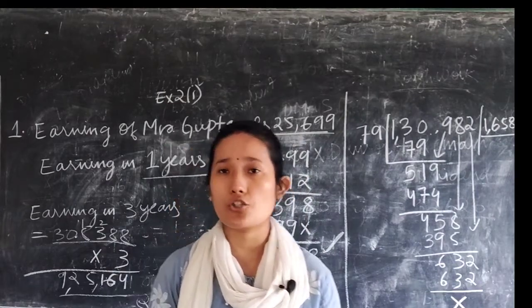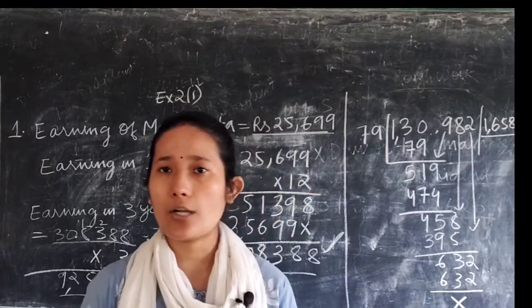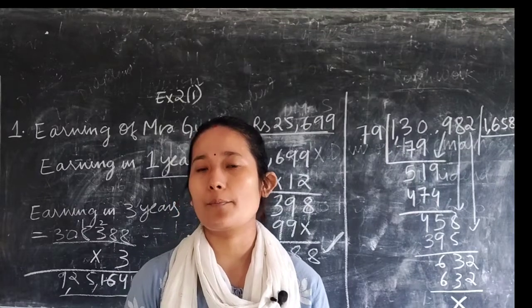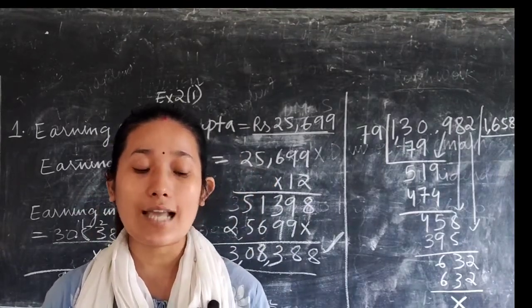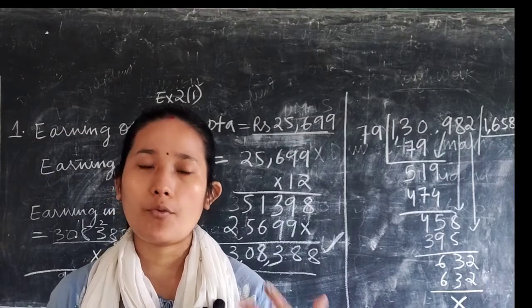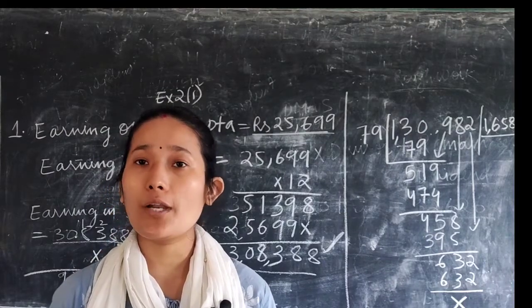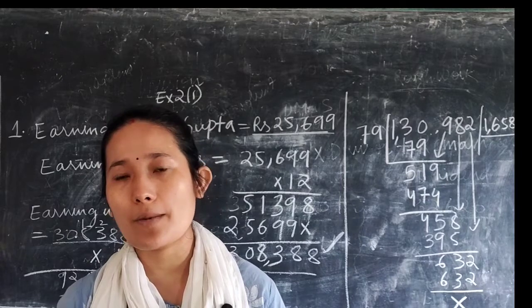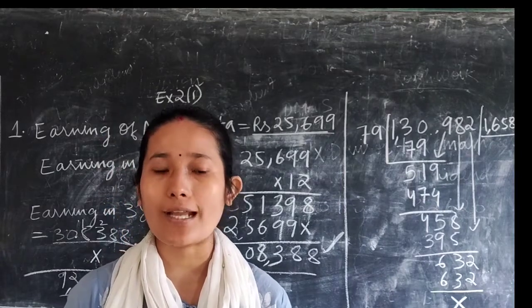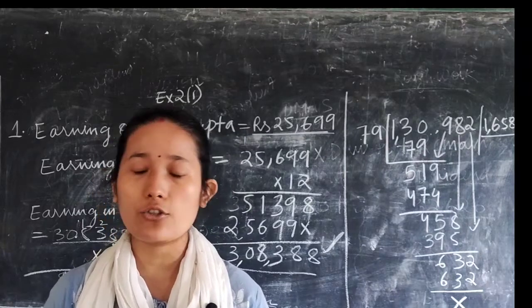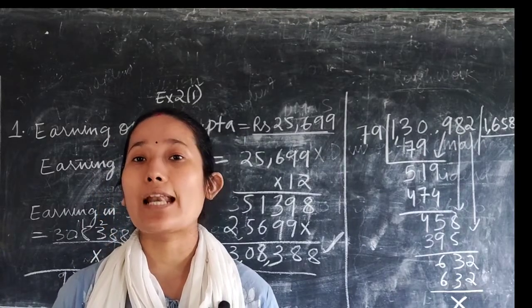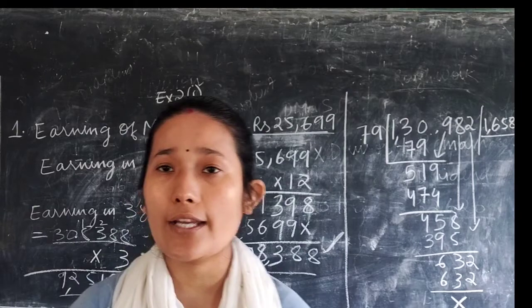If you get a question like equal distribution, then you have to divide. If you practice the examples given in your book, you will understand easily whether you have to multiply, divide, add or subtract. In mathematics, you need to practice a lot. Only then can you yourself analyze whether the question is asking you to divide or subtract.